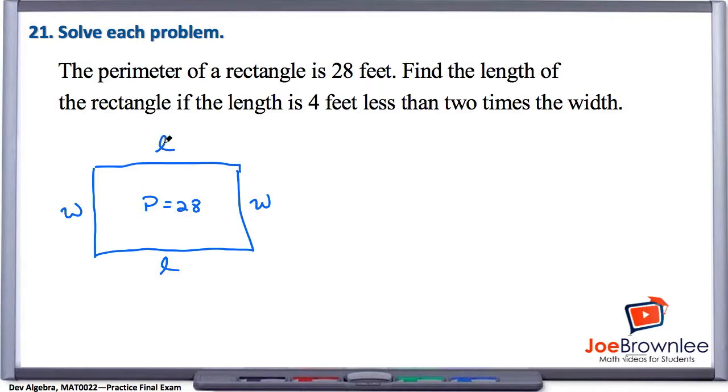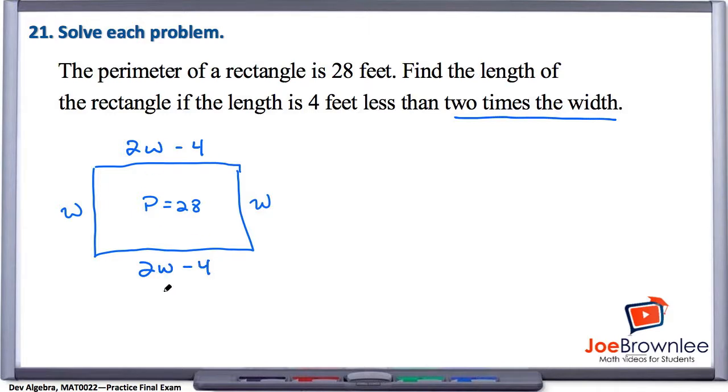So we don't know what the length of the rectangle is. All we know is that it's 4 feet less than twice the width. So how do we write twice the width? Well, if W is the width, we would say 2W is 2 times the width, minus 4, because it's 4 feet less than twice the width.